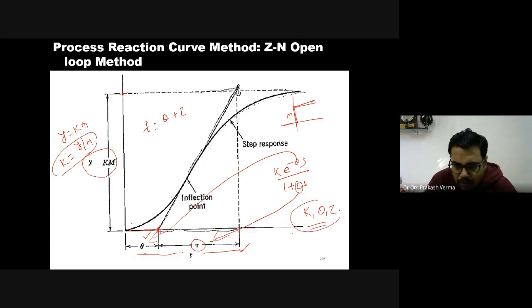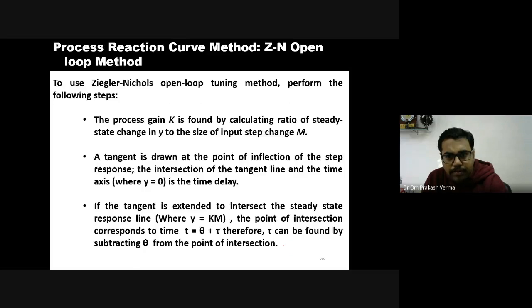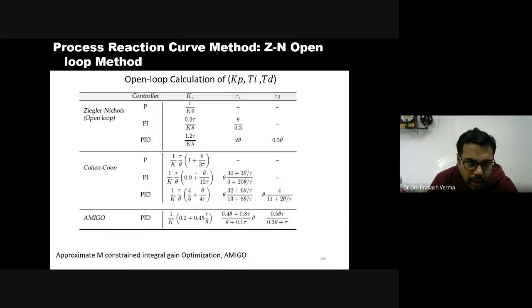Based on these values, you can finally determine the tuned values of Kp, Ki, and Kd based on the table proposed by Ziegler-Nichols, Cohen-Coon or AMIGO. ठीक है, ये आपको सिलेबस में नहीं है तो आप don't leave that. But these two are in your syllabus.